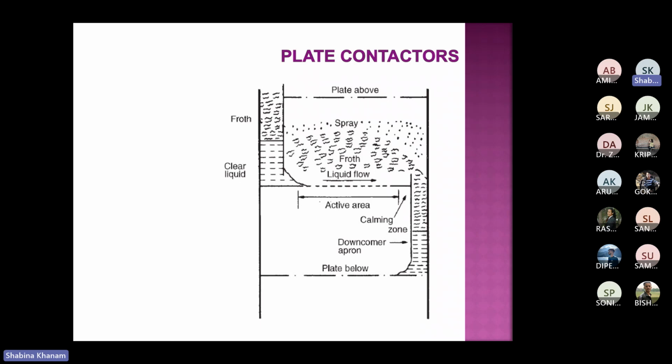If the vapor velocity is very high, it takes the liquid with it upward, from this side and from the downcomer side also. And it will push liquid to move to the plate above, where liquid is already available. I hope you are getting my point. This vapor pushes the liquid below to move upward.